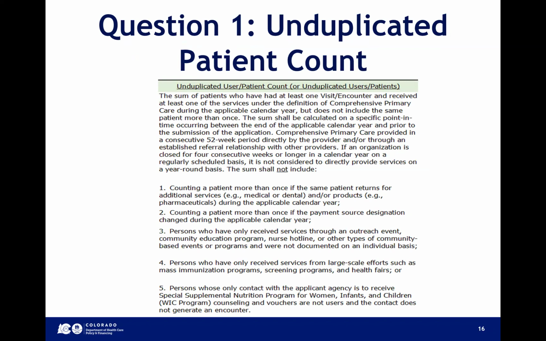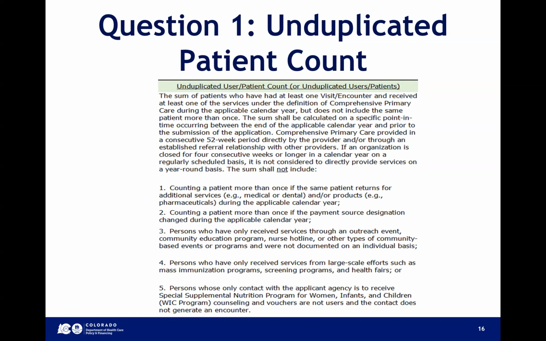Your patient count should not include counting patients more than once if the same patient returned for additional services, counting a patient more than once if the payment source designation changed during the applicable calendar year, counting those individuals who have only received services through an outreach event such as community education program, nurses hotline, or any other community-based events or programs that were not documented on an individual basis.